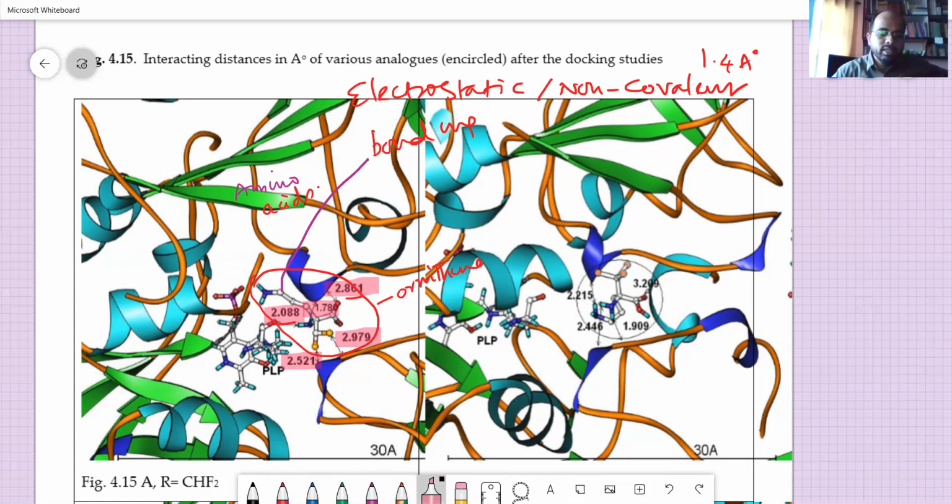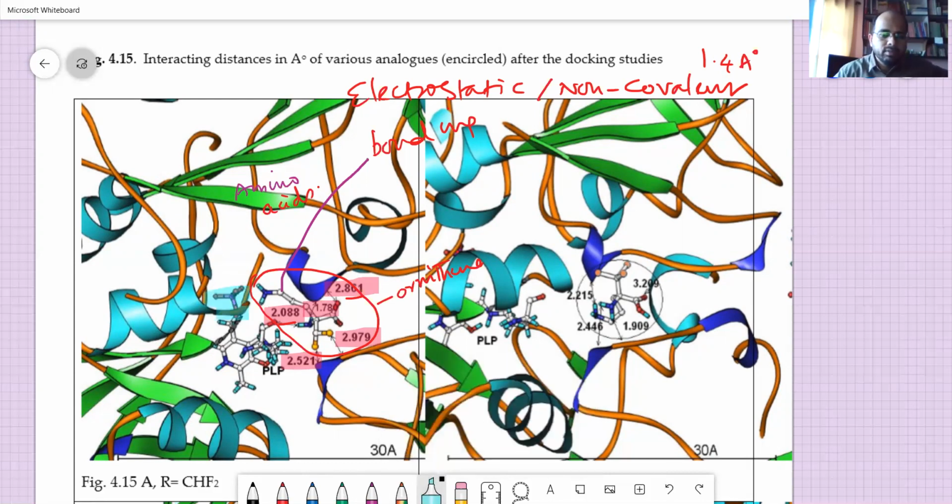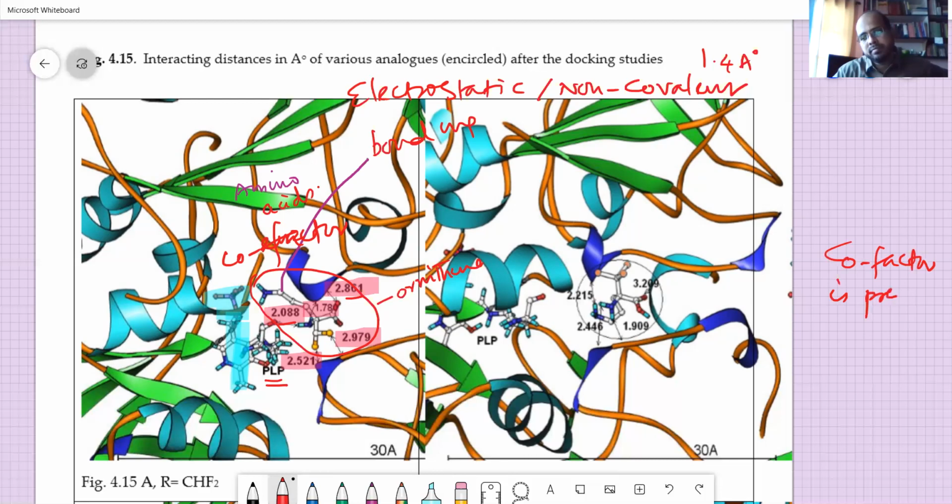And this particular molecule is PLP. So it's a coenzyme or cofactor present in ornithine decarboxylase.